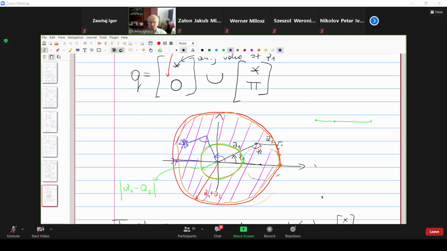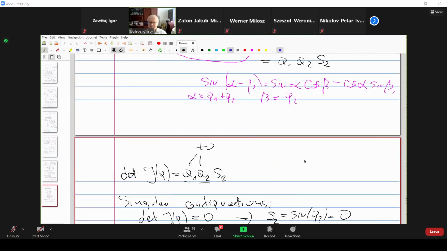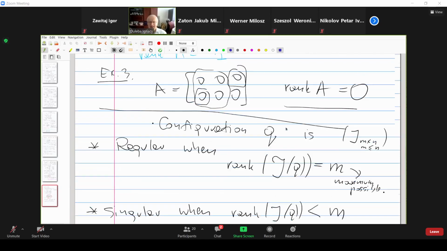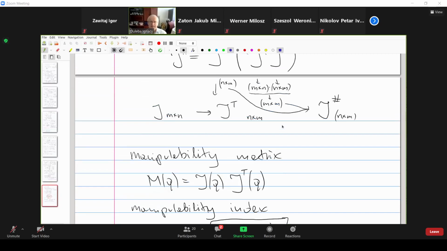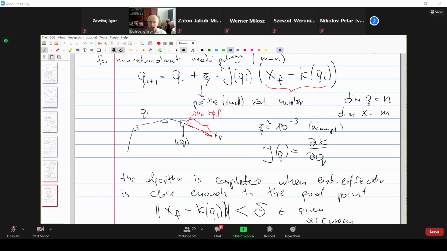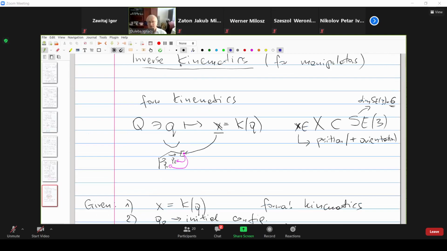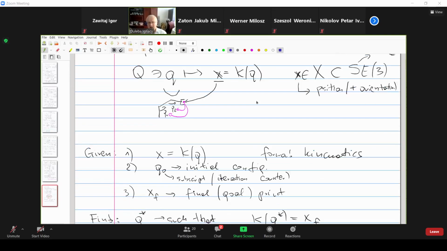Okay, so let's conclude today's lecture. We will be back at our next lecture just to complete some details, but let's conclude this. We started with inverse kinematics.